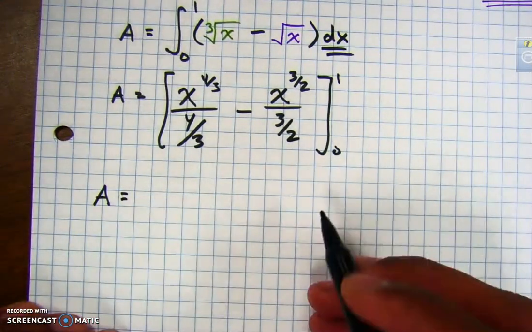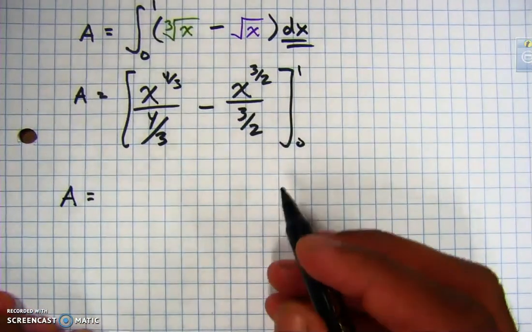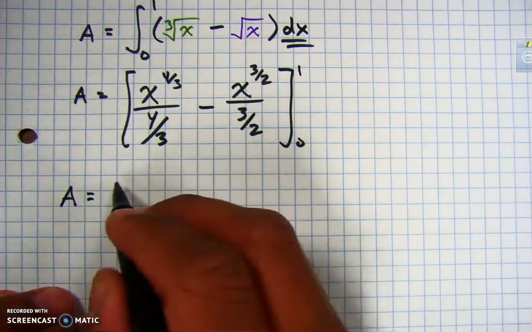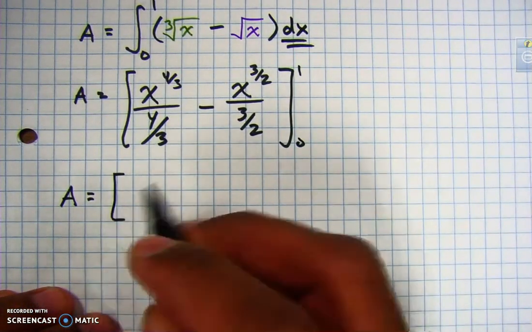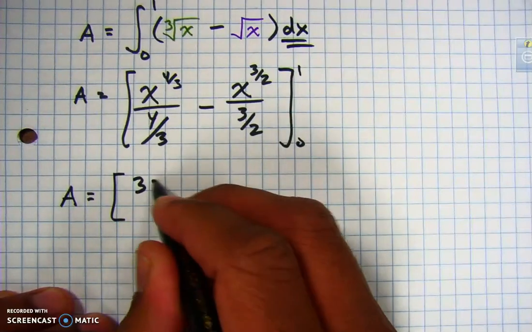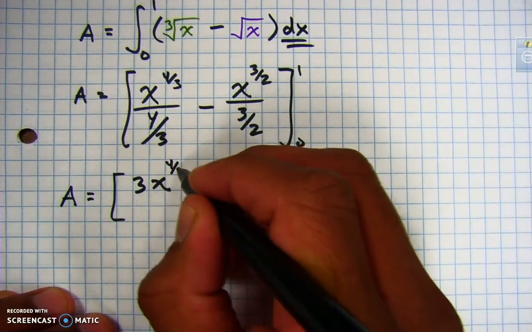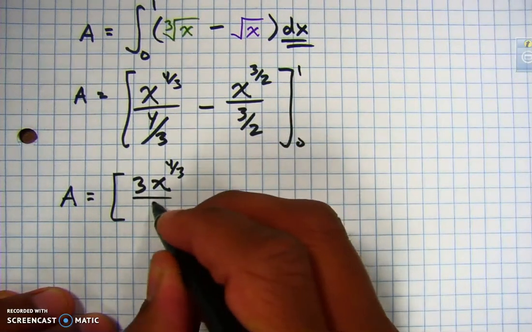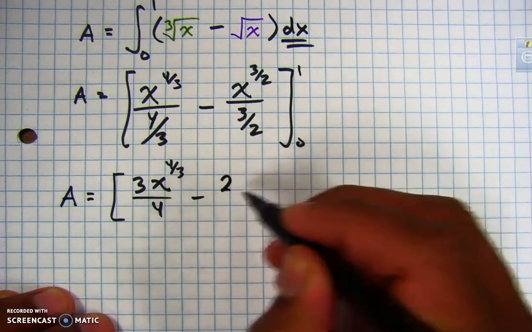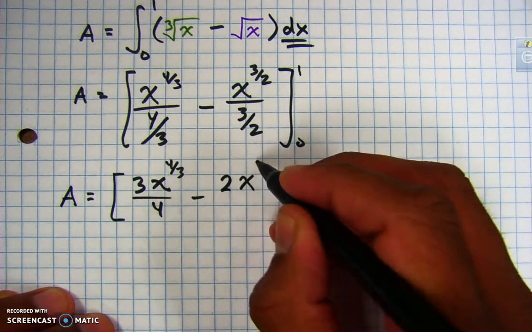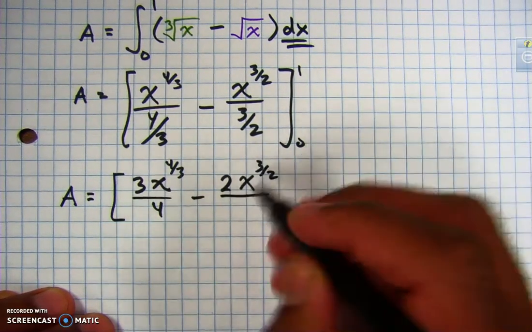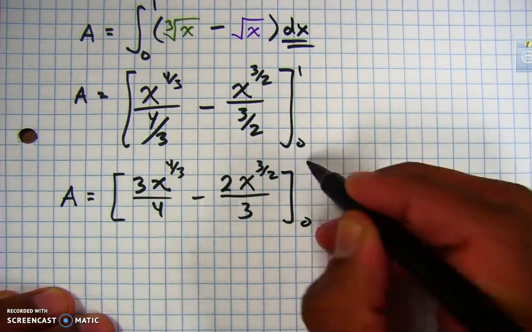Well, this is just area is equal to 3x to the 4/3 over 4 minus 2x to the 3/2 over 3 from 0 to 1.